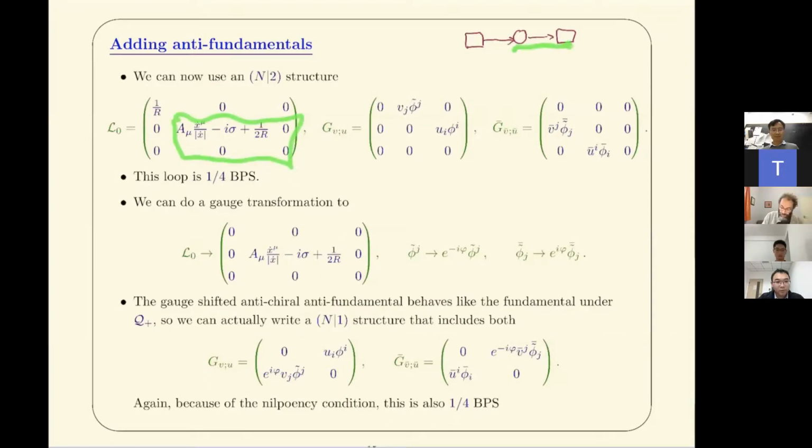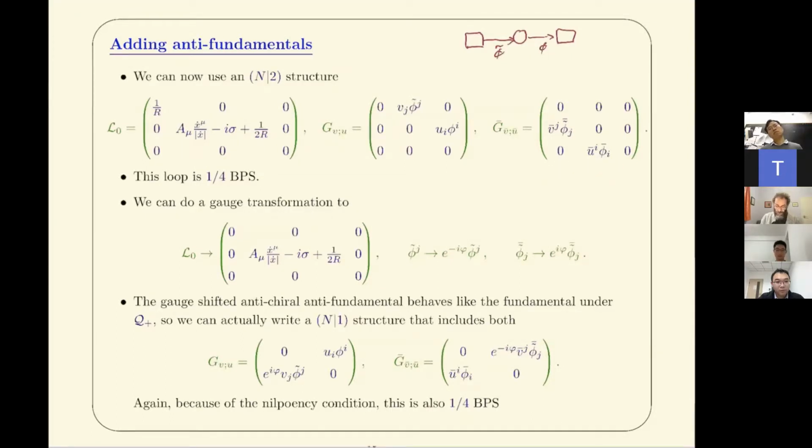It involves these fields, but the block up here involves these fields. And the fact that I had here a shift of 0, here a shift of 1 over 2r, tells me that here I need a shift of 1 over r. And then I can place the chiral fields here in G. So these fields are phi, and these fields are phi tilde. And here I have the anti-chirals.